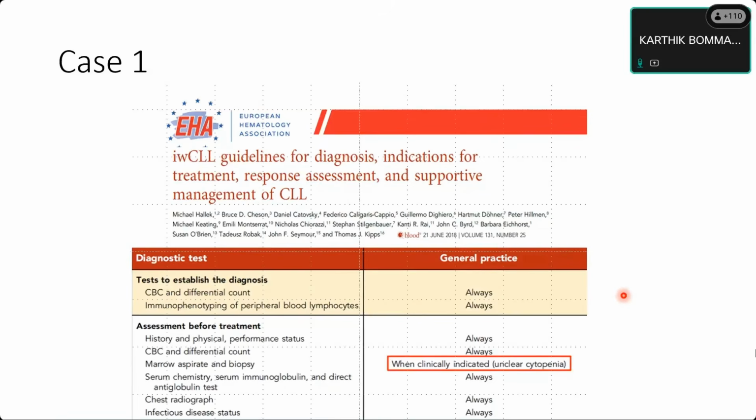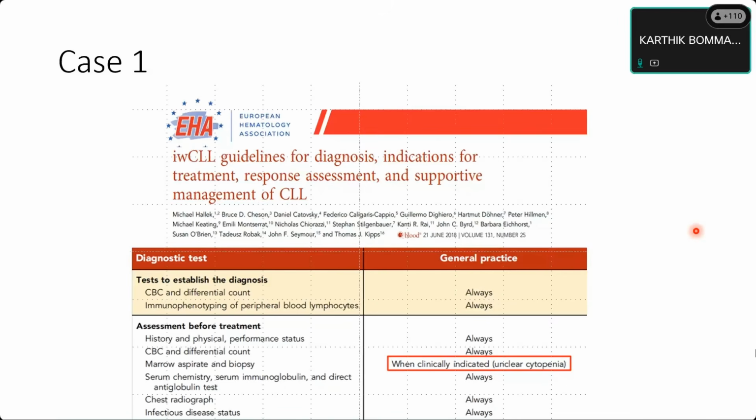Anemia is not a common presentation for CLL, and these patients can have underlying PRCA or aplastic anemia. Those conditions we can evaluate only if we do a bone marrow biopsy. Otherwise, CLL you can diagnose with the peripheral blood itself, and you prognosticate based on FISH on peripheral blood itself. So let's move to the second case.